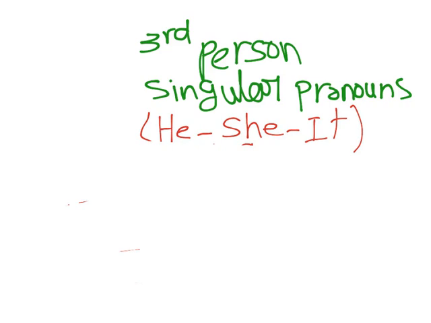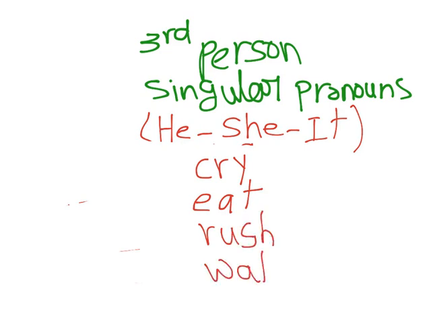So here, if I have verbs like cry, eat, rush, watch, play. I'm just writing random verbs. What else?